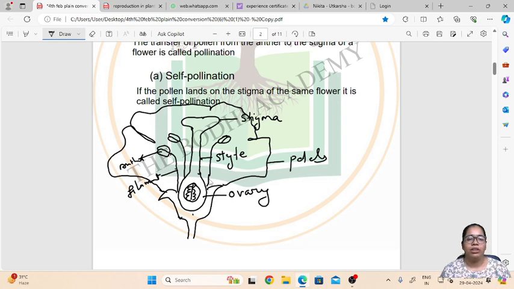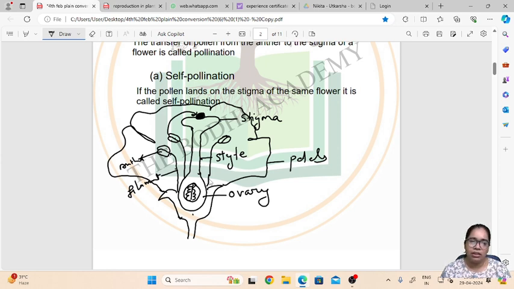In self-pollination, self-pollination takes place in the same flower. The pollen grain, that is the male gamete, from the anther comes and settles on the stigma of the same flower. So the flower is fertilized by its own male gamete, that is the pollen grain.